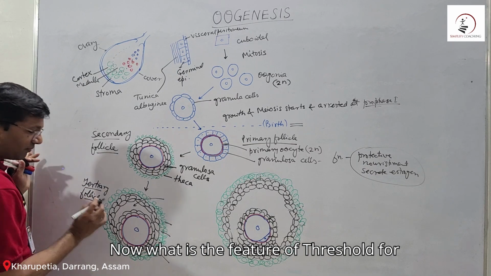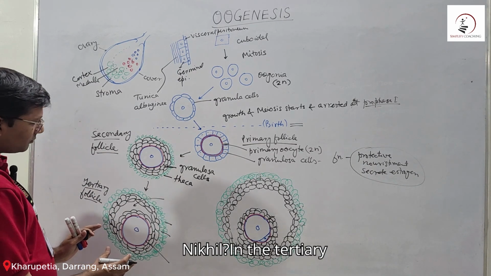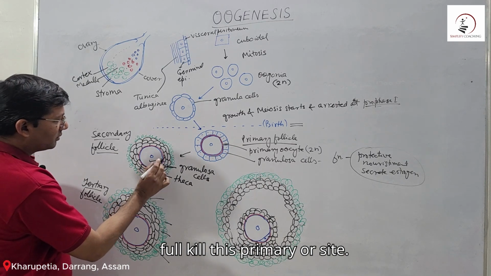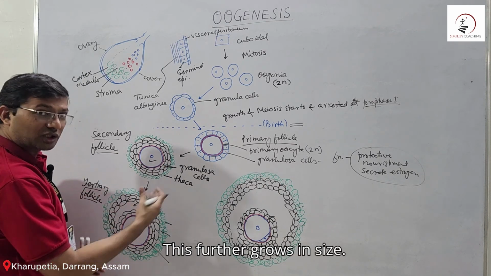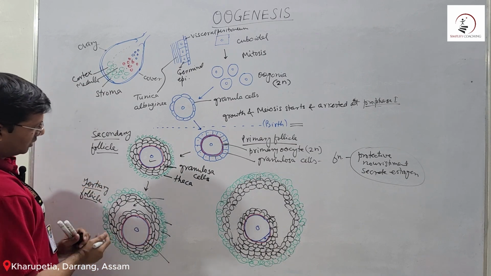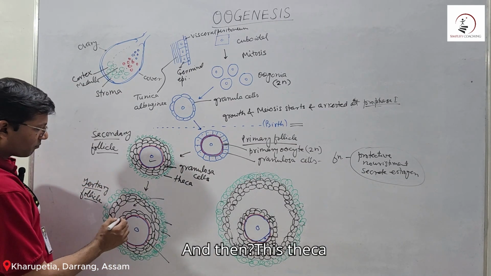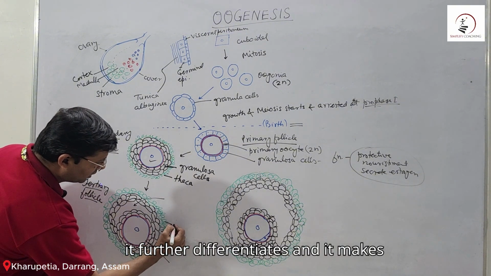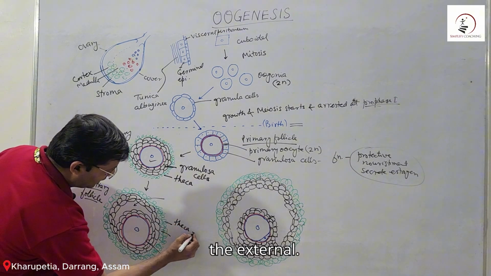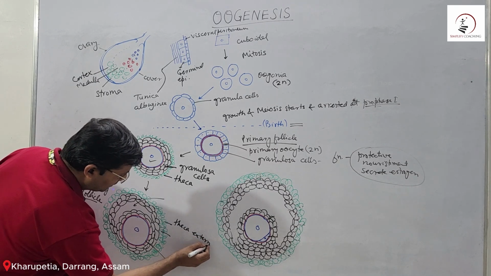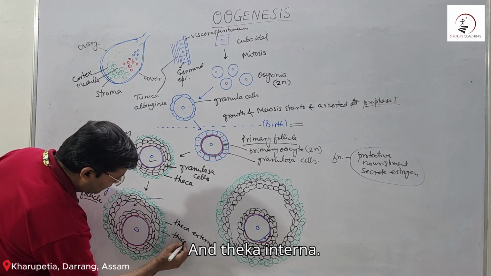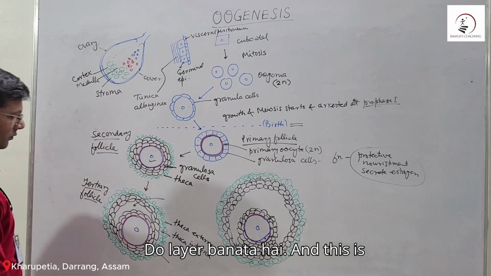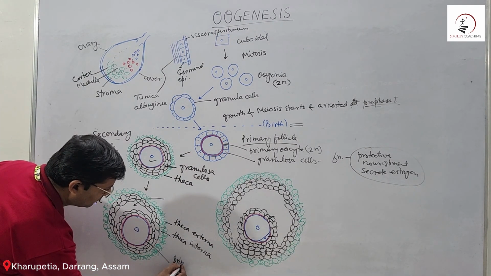Now what is the feature of the tertiary follicle? In the tertiary follicle, this primary oocyte further grows in size, and then this theca further differentiates, and it makes theca externa and theca interna. दो layer बनाता है and this is the primary oocyte.